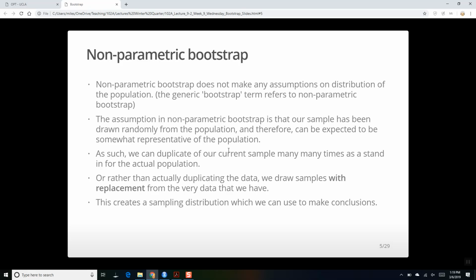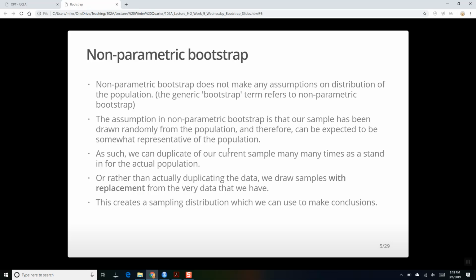Is that okay? So you don't actually have to physically duplicate it like a million times. You can just sample from your sample with replacement. And so that's what we do in non-parametric bootstrap. We will resample our sample with replacement, and that's effectively turning your sample into a population by duplicating it infinitely many times.